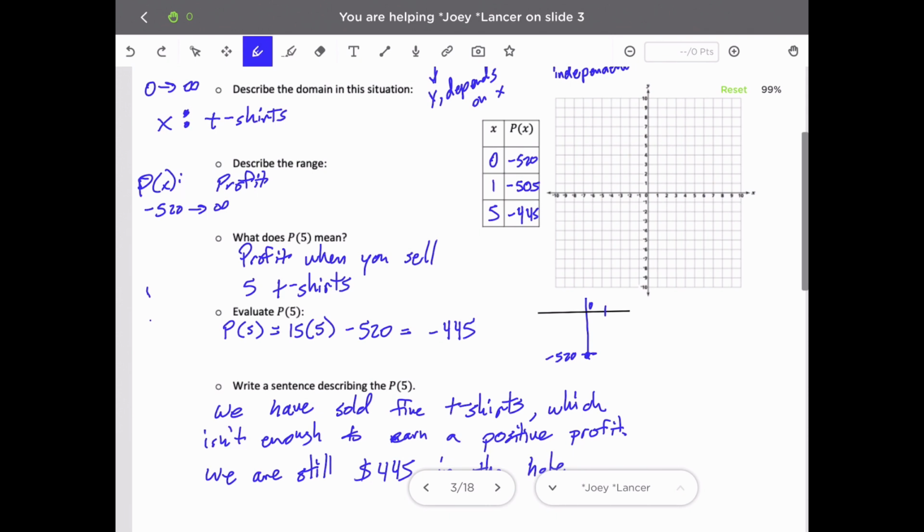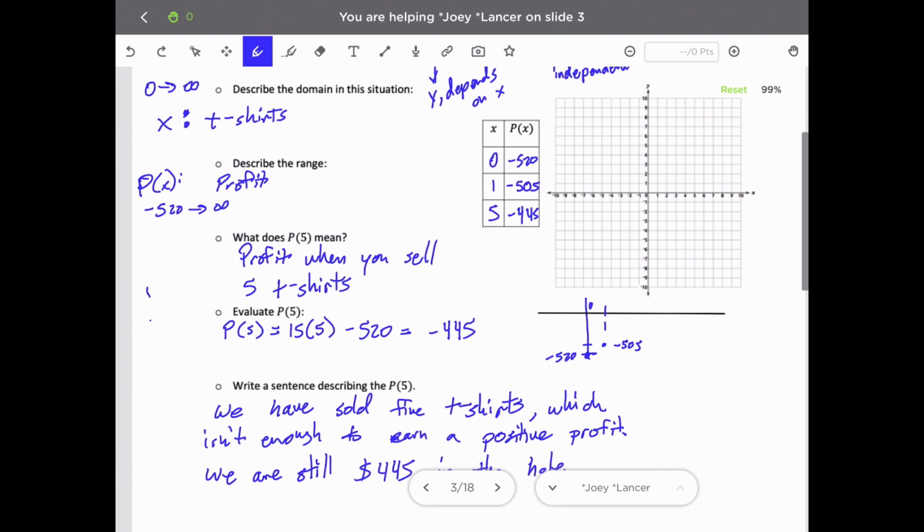If we can sell 1, then we'll be still at minus 505.